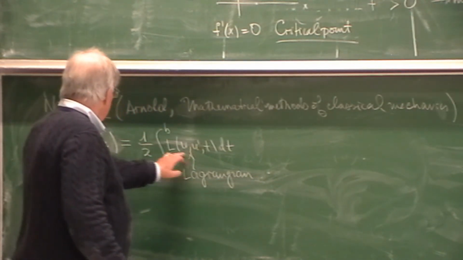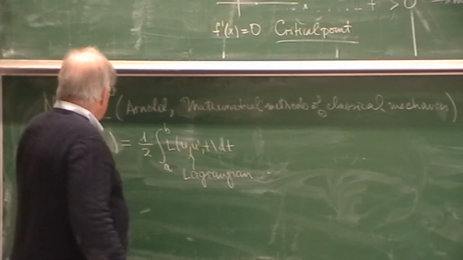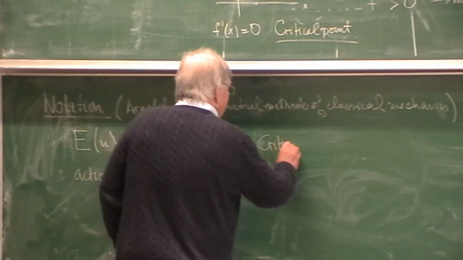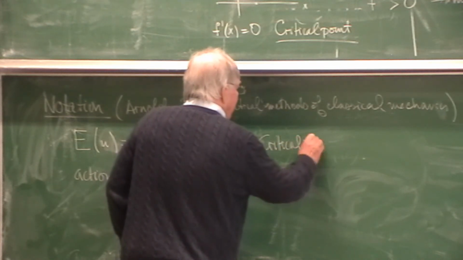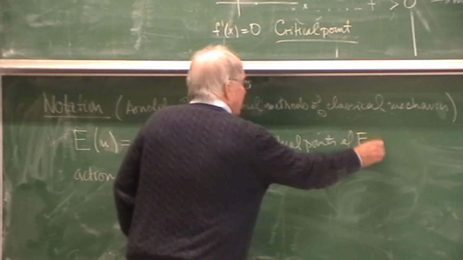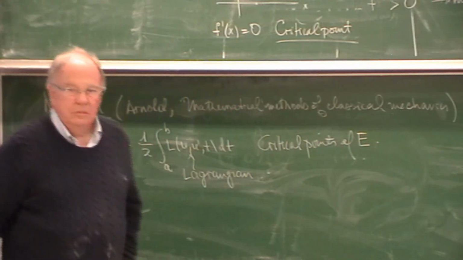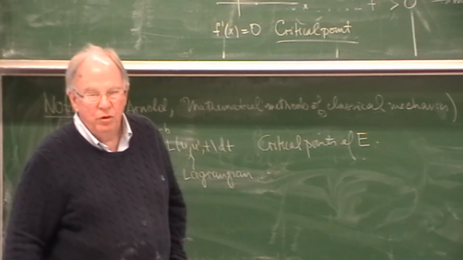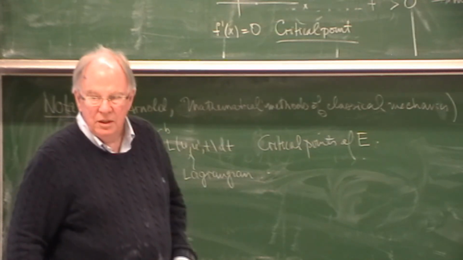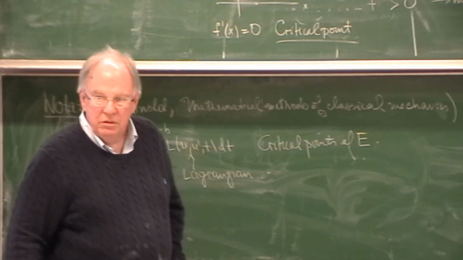So these are variables. This is the Lagrangian, and you're trying to minimize, you're trying to find the critical points of this thing. I'll do this afternoon. Just find the critical points of this thing.